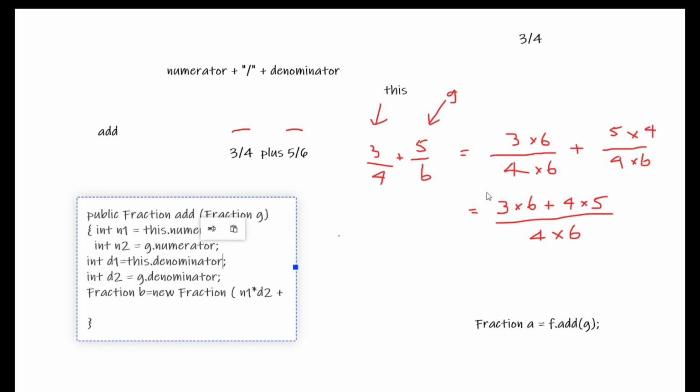Okay, let's get back to this numerator here. So the 3 was this numerator, which is n1. The 6 is the parameter's denominator, which was d2. The 4 is this denominator, and this denominator is d1.